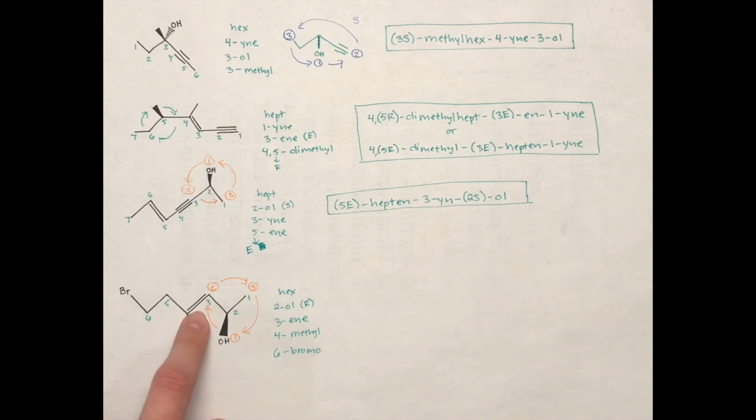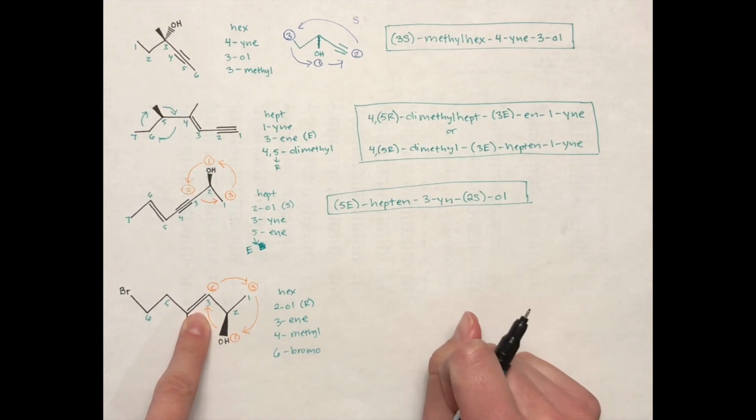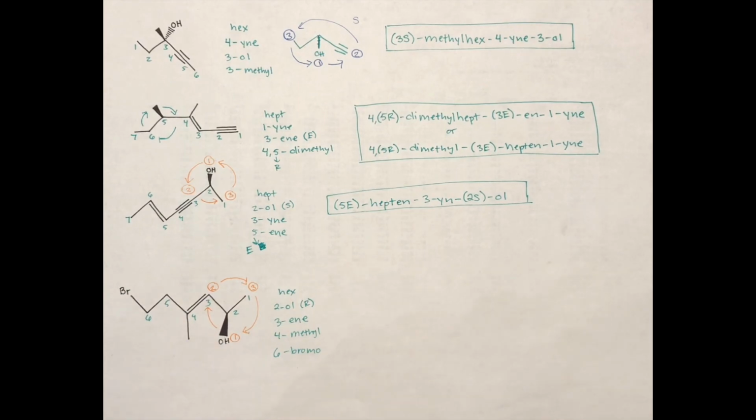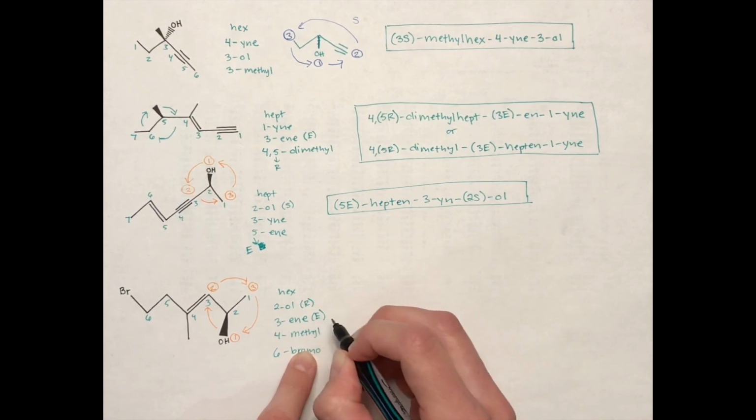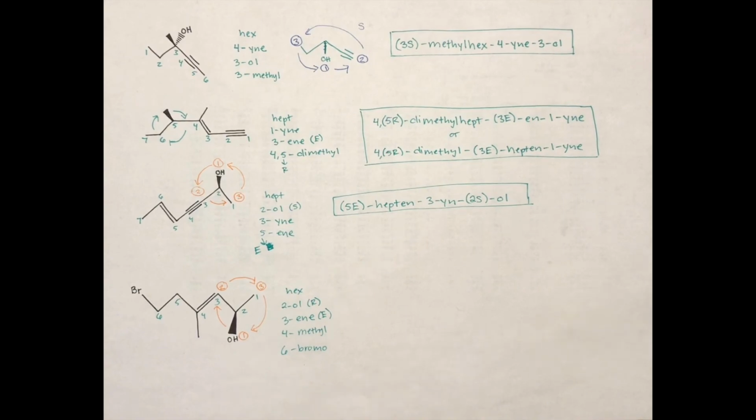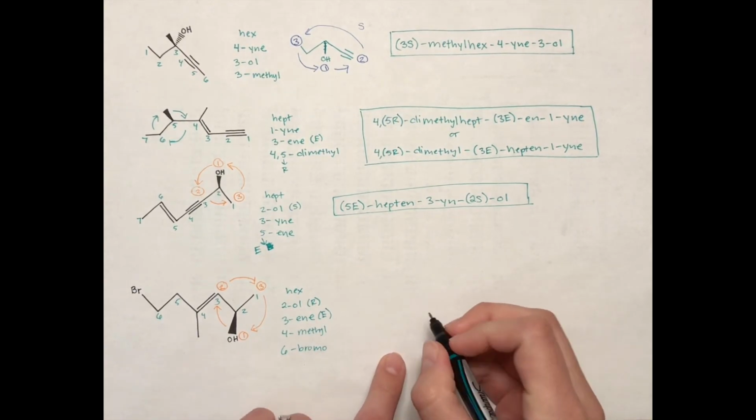What else? Oh, we have a double bond, which means that we can decide if our substituent groups are on the same side or the opposite side. So looking at this, we can see that our substituent groups are on the opposite side. So I'm going to write E here for opposite. Sweet. Okay, let's piece it all together for this last one right here.